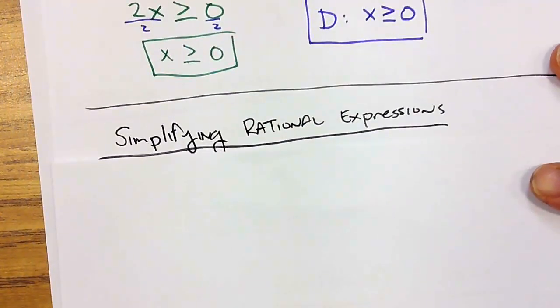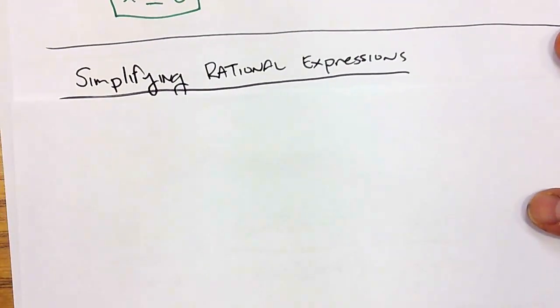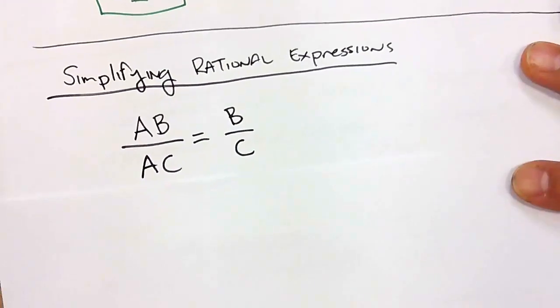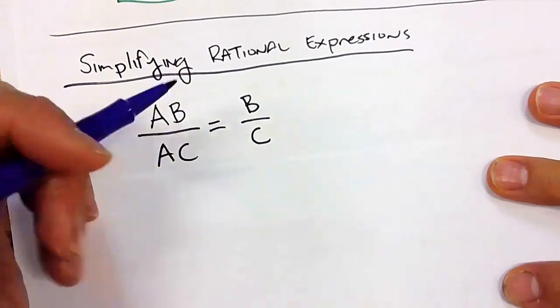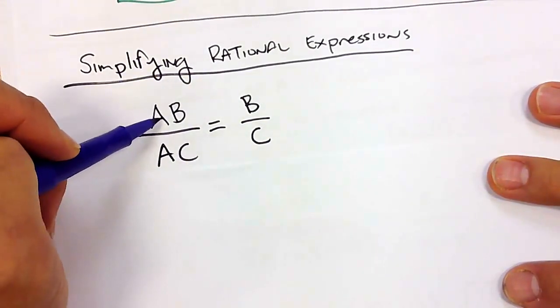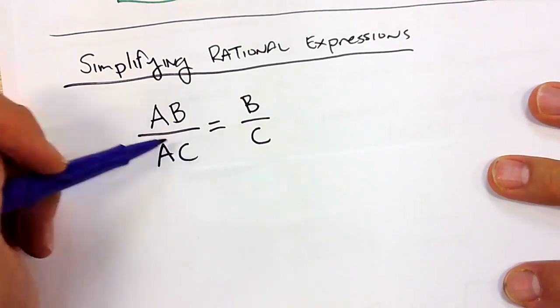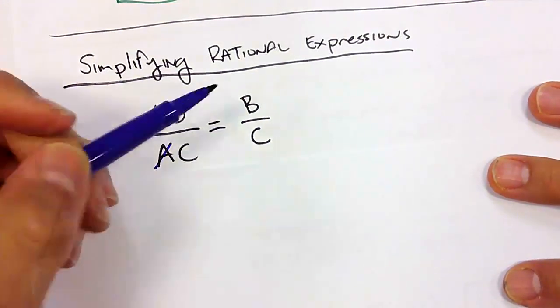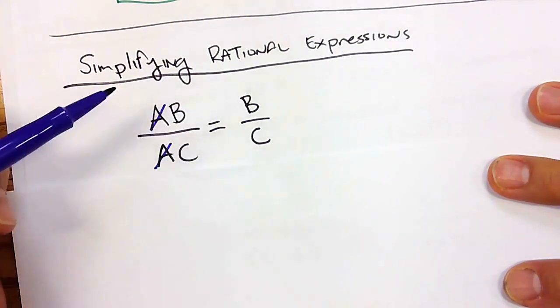Now we're going to go ahead and simplify rational expressions. When we simplify rational expressions, remember that if we have a times b over a times c, these a's can cancel out, leaving you with b divided by c.